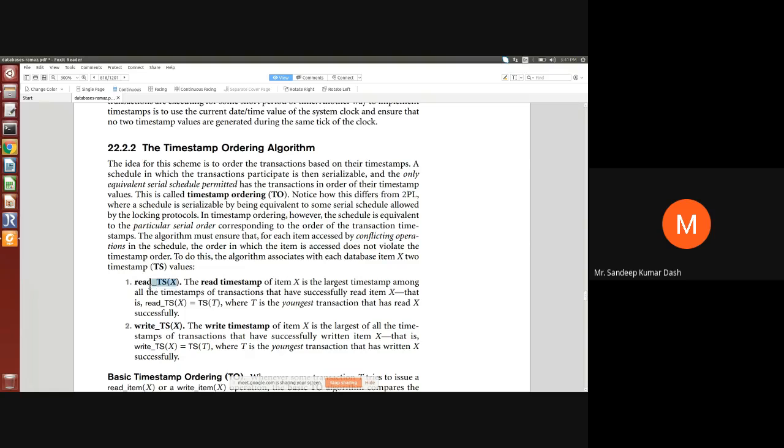So the read timestamp of X will be set to 2 because T2 is reading it. Suppose T1's timestamp is 1, T2's timestamp is 2, T3's timestamp is 3. So whichever transaction is reading the item X, the read timestamp of X will be the timestamp of that transaction. Got it? Any doubt? Again, I am repeating: whichever transaction is reading the data item X, the read timestamp of X will be set to that particular transaction's timestamp.